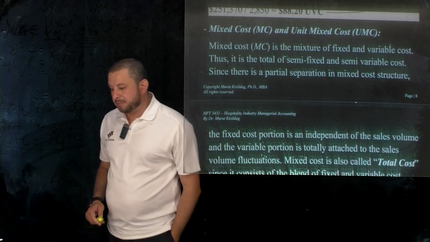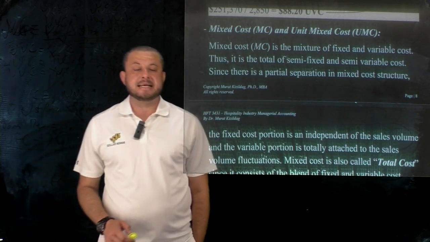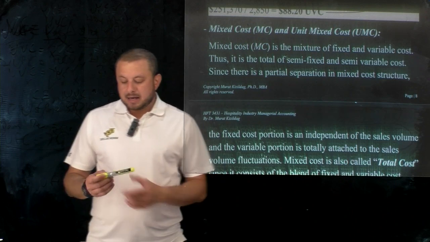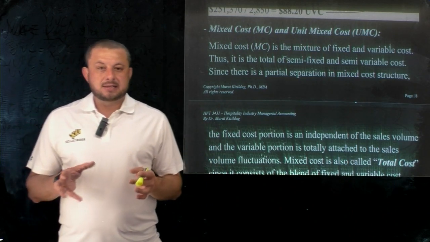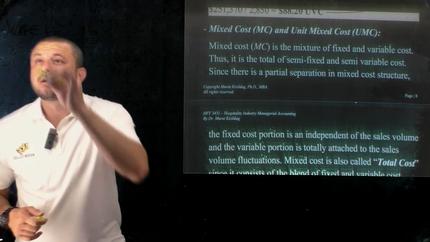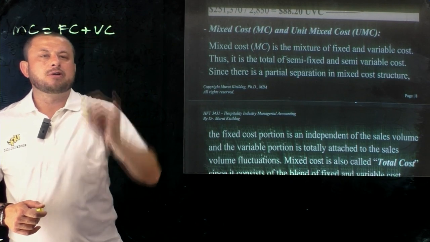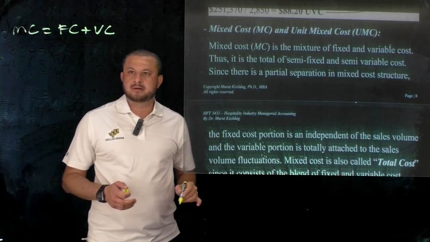We have another important component that we have to talk about right now. It is called mixed costs. Okay, guys, mixed cost is the combination of total fixed cost and total variable cost. Let me write it down. Mixed cost is the combination of FC and VC.